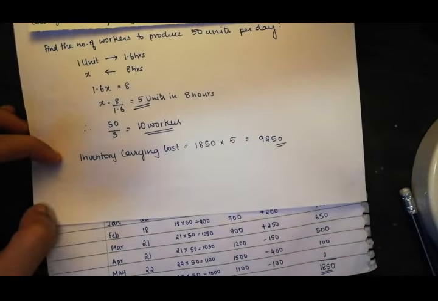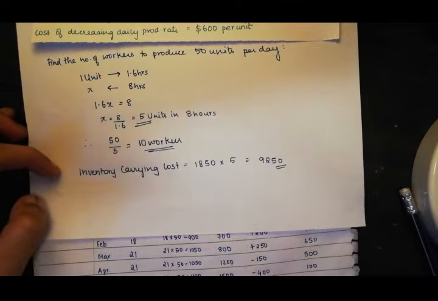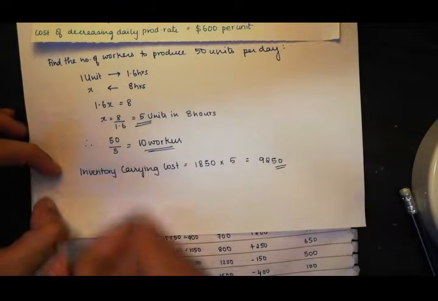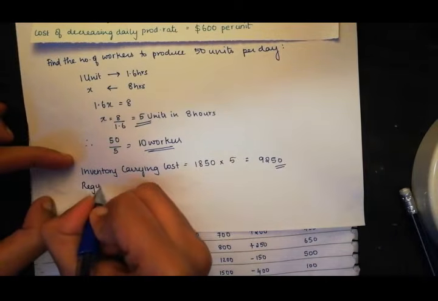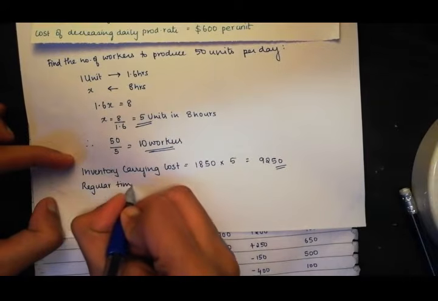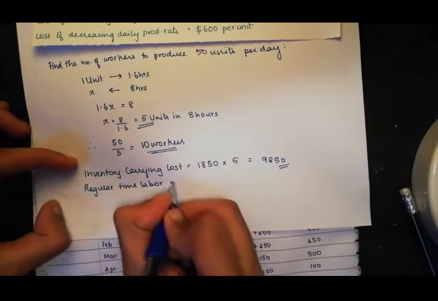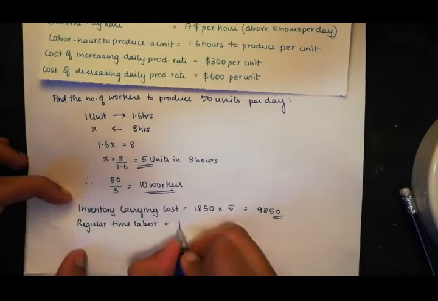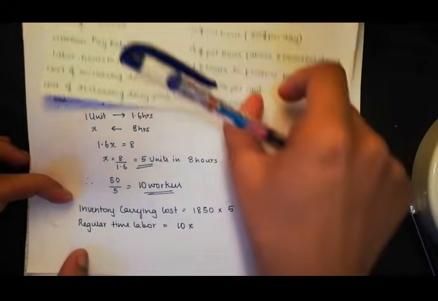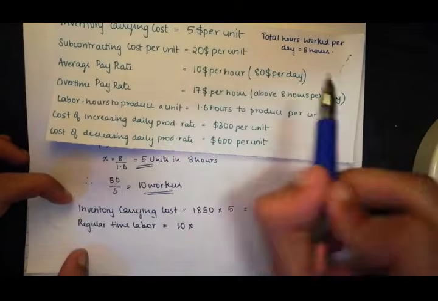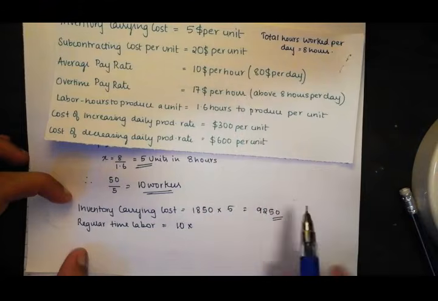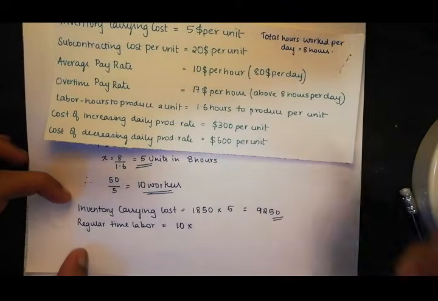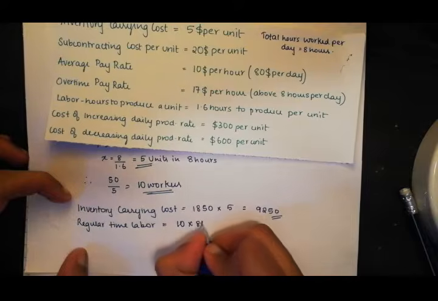Are we done yet? Not exactly. We need to find the regular time labor costs. We're getting workers, we need to pay them, and we need to include the number of days in total for our regular time labor. That's going to be 10 workers, multiplied by our average pay rate, which is $10 per hour, but since we're doing regular time labor for a whole day, it's going to be 80. And for how long?